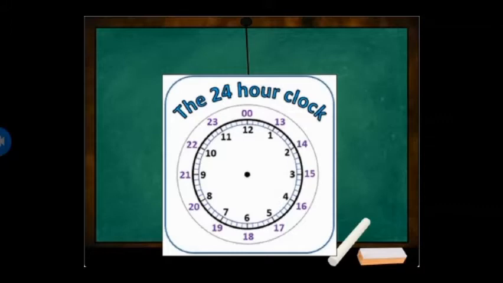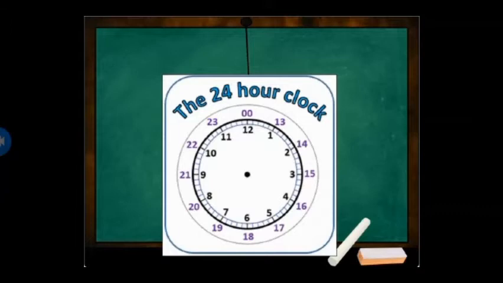Now in the inner part of the clock, there are numbers from 1 to 12, that which we normally use for our time. And on the outer circle of the clock, for 1 it is 13, for 2 it is 14, for 3 it is 15, and it goes on.